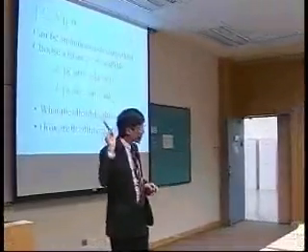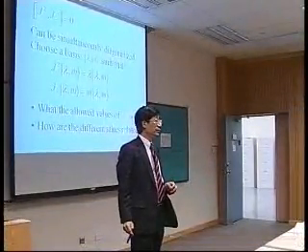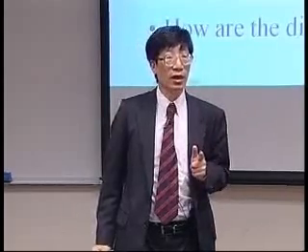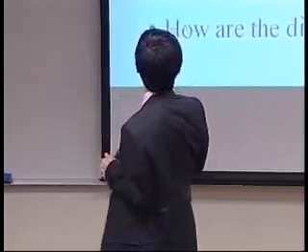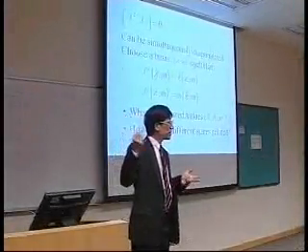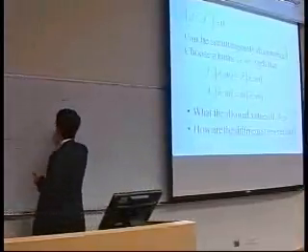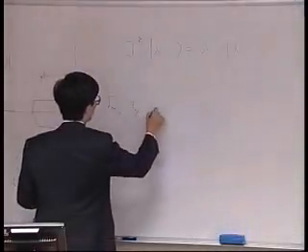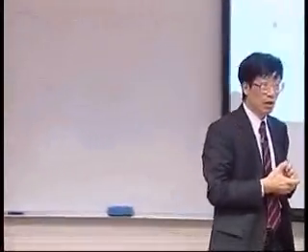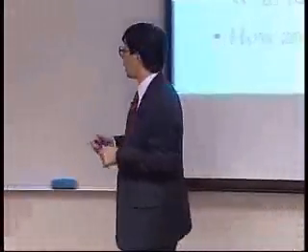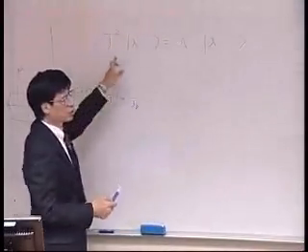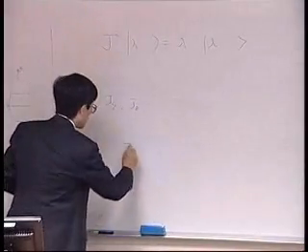All the states with the same eigenvalue lambda form a subspace. Why? Because all the J's, J_x, J_y, J_z, commute with J squared, right? Commute with J squared. So, let me do this like this.